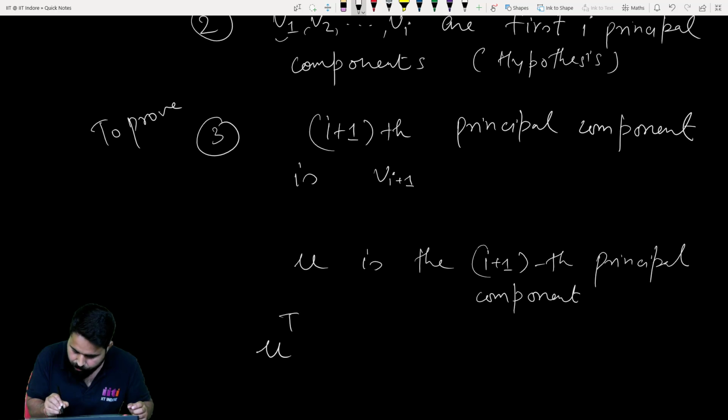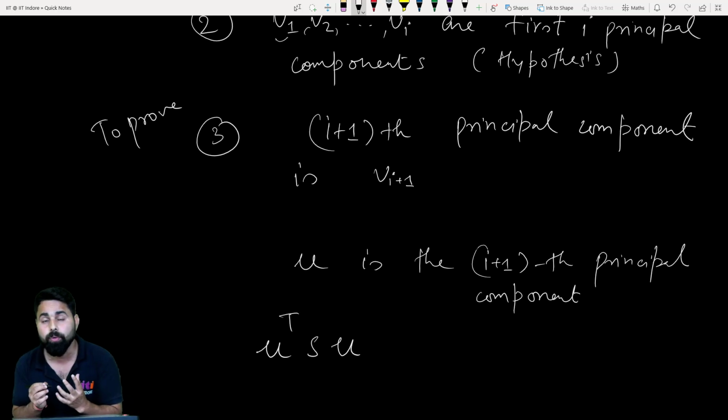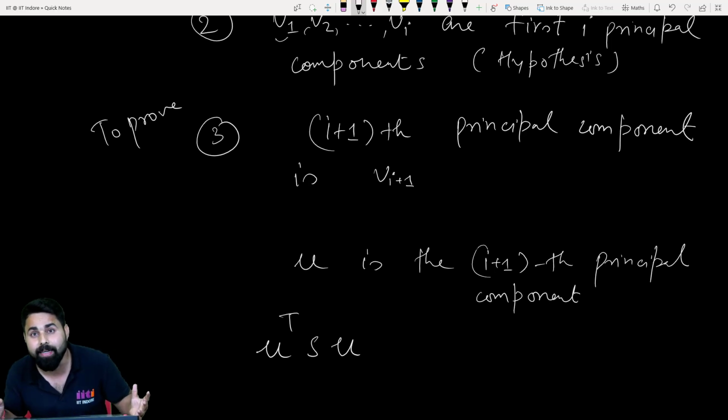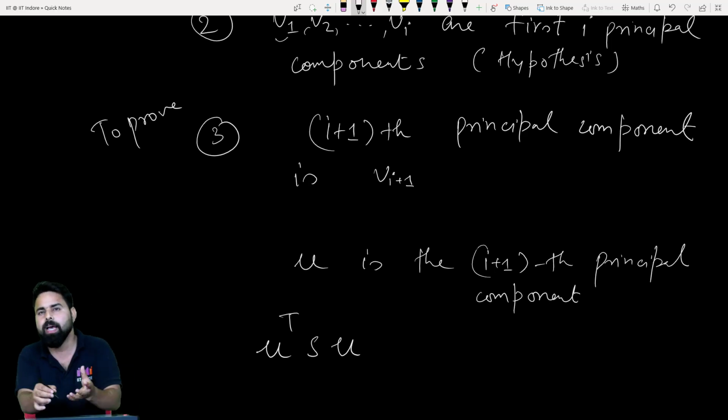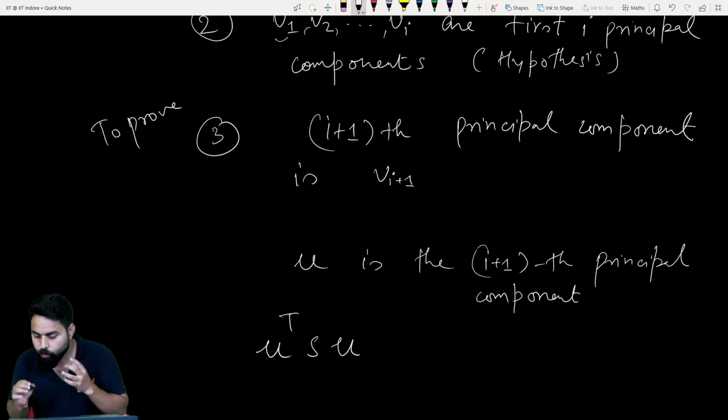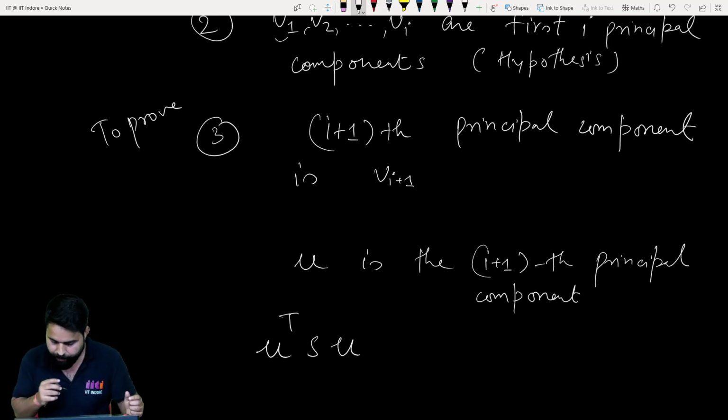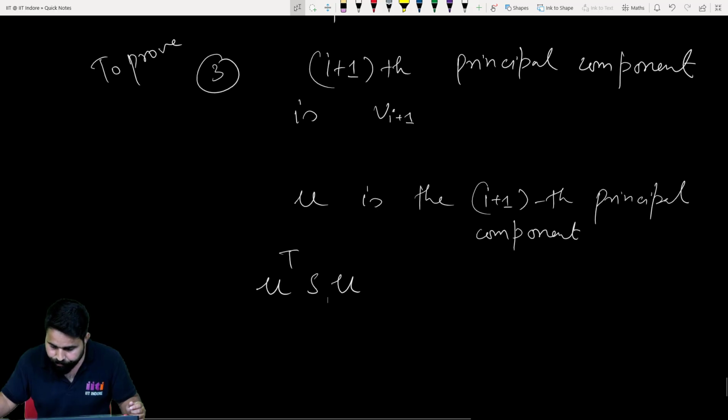I want to find U such that if I project data points along U, the variance will be the (i+1)th best. Due to the induction hypothesis, we have already found the ith best. Now I want to find the (i+1)th best variance.